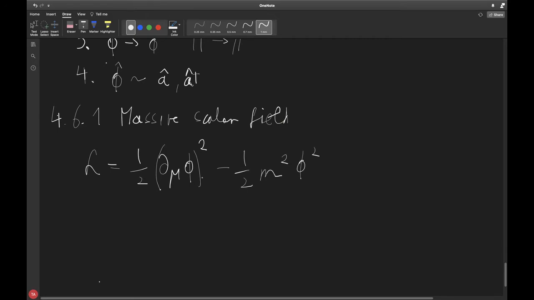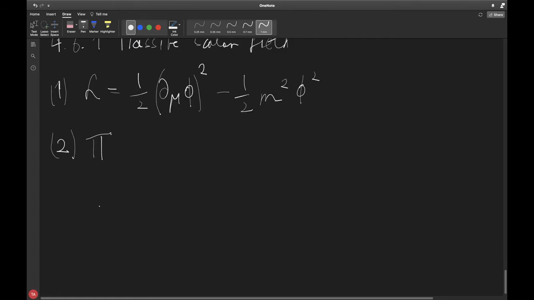Step 2 was to calculate the momentum density. The momentum density was defined to be the derivative of the Lagrangian by the derivative of the field.